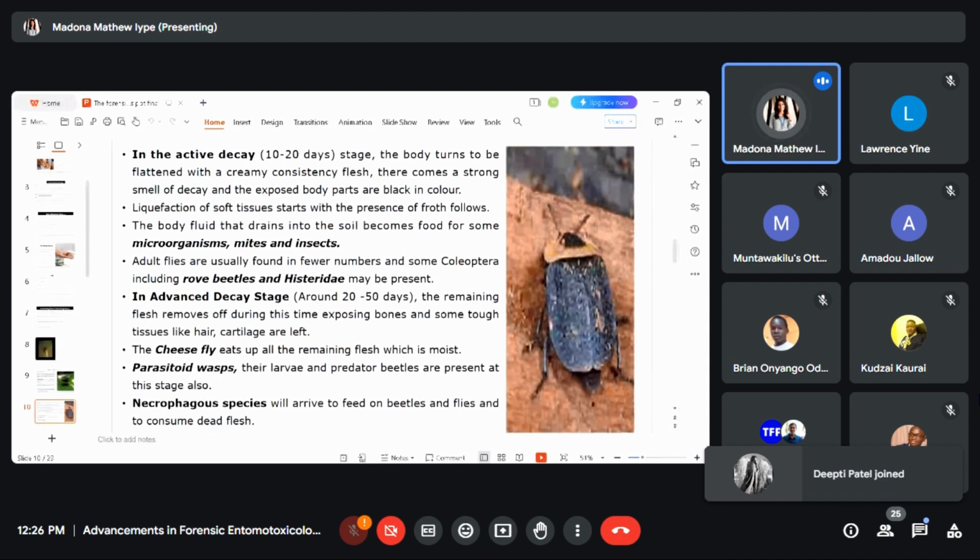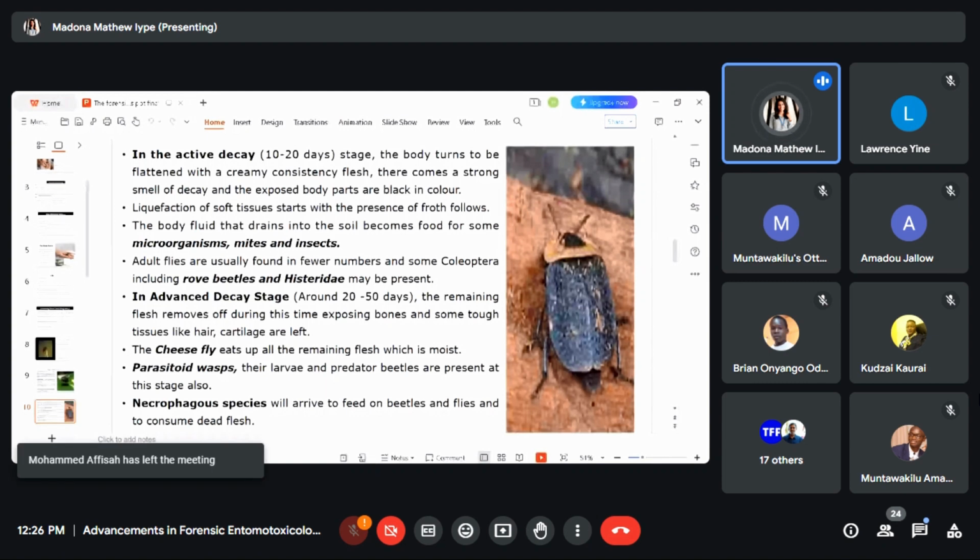The body turns flattened, with everything that was in your stomach, a creamy consistency, like white-red colored flesh, along with a strong smell of decay, and other body parts are exposed. This is the stage where everything is liquefied. Out of all the stages of decomposition, this is the stage where it's liquid everywhere around and on the body. So liquefaction of soft tissues has started.